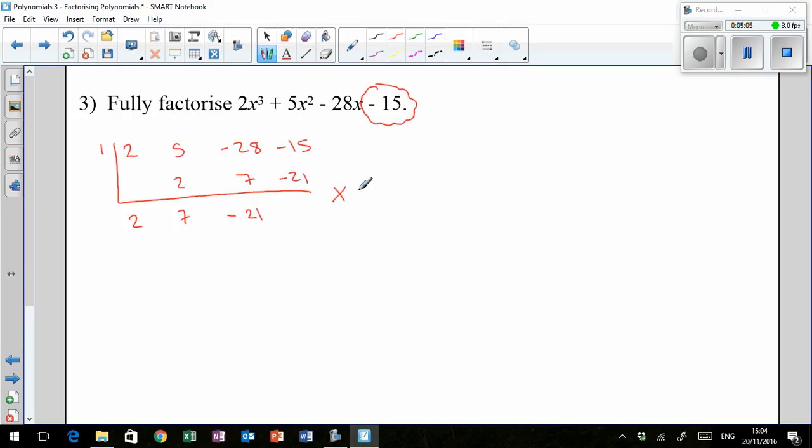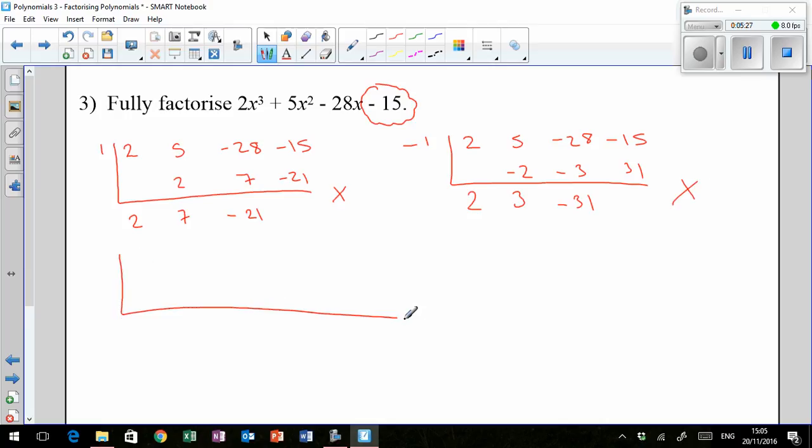Let's do it with minus 1 now. 2, 5, minus 28, minus 15 again. 2, that turns into minus 2, that turns into 3, which turns into minus 3, turns into minus 31, which turns into 31, which is not going to give me 0.